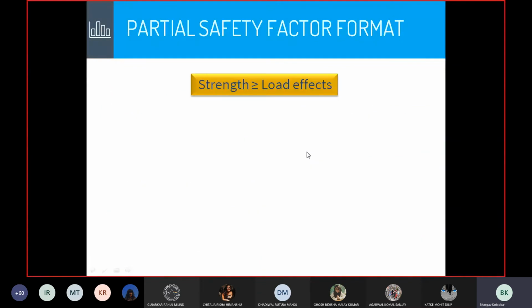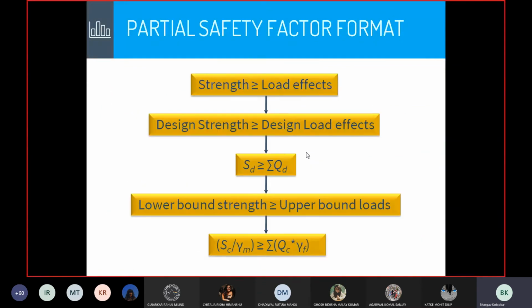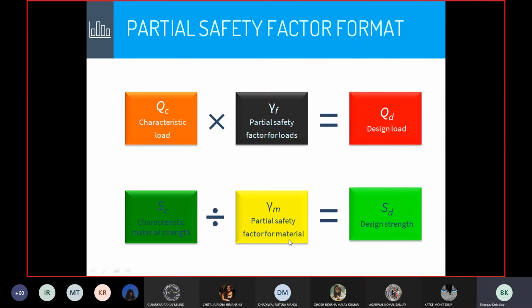This is just a summary of what we've discussed. The strength should always be greater than the capacity or the load effects, meaning that the design strength should always be greater than the design load effects. We always underestimate the strength and overestimate the loads. Therefore, the strength we design by dividing by a partial safety factor, and the demand we multiply by a partial safety factor.